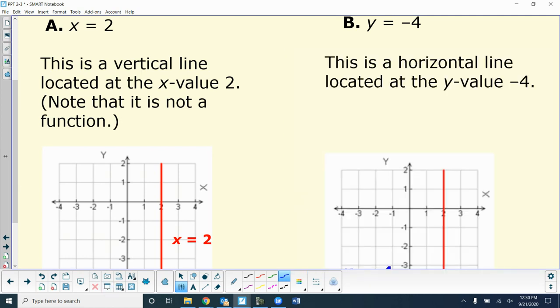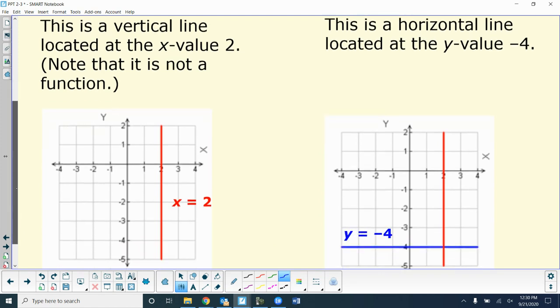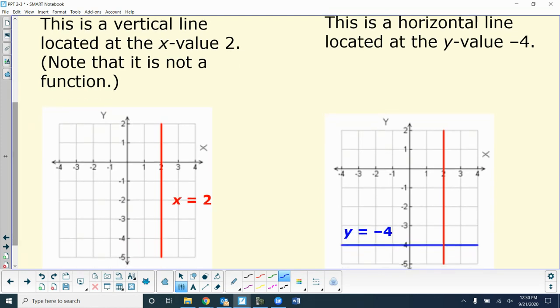Negative 4. So we have that in blue there. So there's the two lines. Okay, so that's just something you should learn and remember and know. There's going to be x equals some number, just a vertical line through that number. Y equals some number, horizontal through that number.